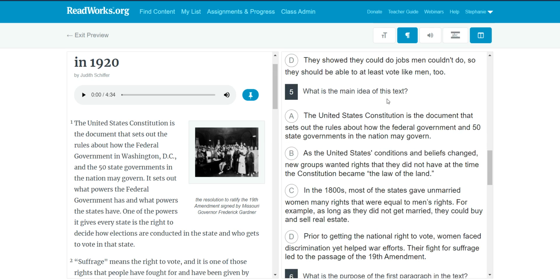Question 5 is a main idea. When you are looking for main idea, and I noticed when we did PMA, this is one we need a little more practice on, so I want to make sure we have more main idea questions every time we read something, whether it's for social studies, science, or reading. We want to focus on this. Main ideas are what you would write in a 2-sentence summary.